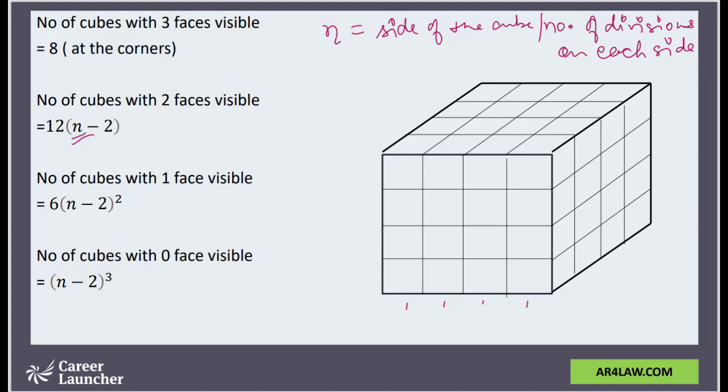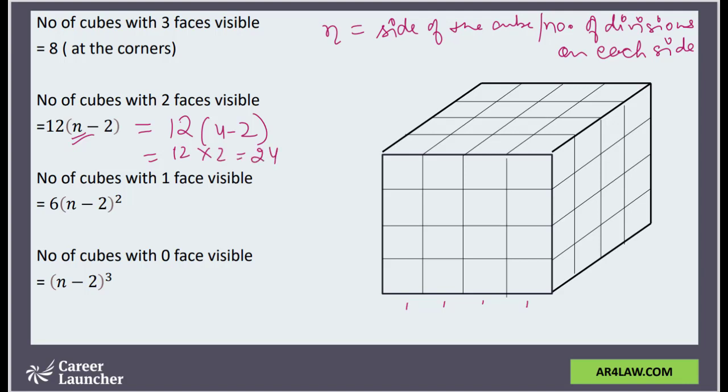So the number of cubes with 3 faces visible is going to be universal. It's going to be 8. There is no formula that needs to be used here. The answer is going to be 8. Number of cubes with 2 faces visible can be calculated here as 12 into (n minus 2), that is 12 into 2, which is 24.